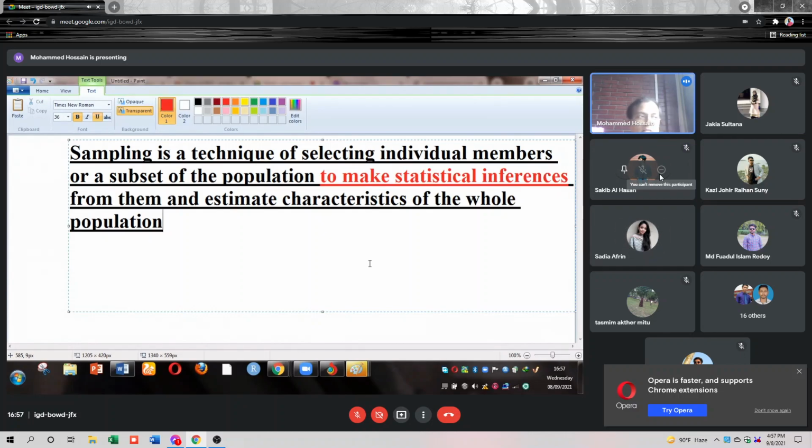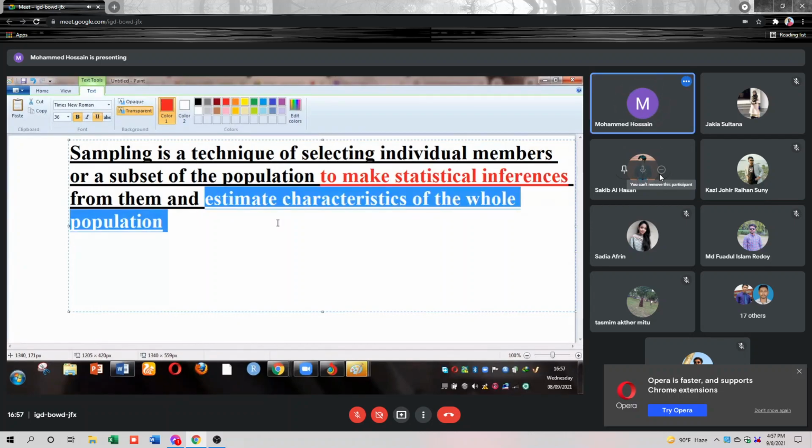Most of the people don't actually know the purpose or goal. The purpose is to make statistical inference or prediction or forecast. Then what is the last part of the sentence?